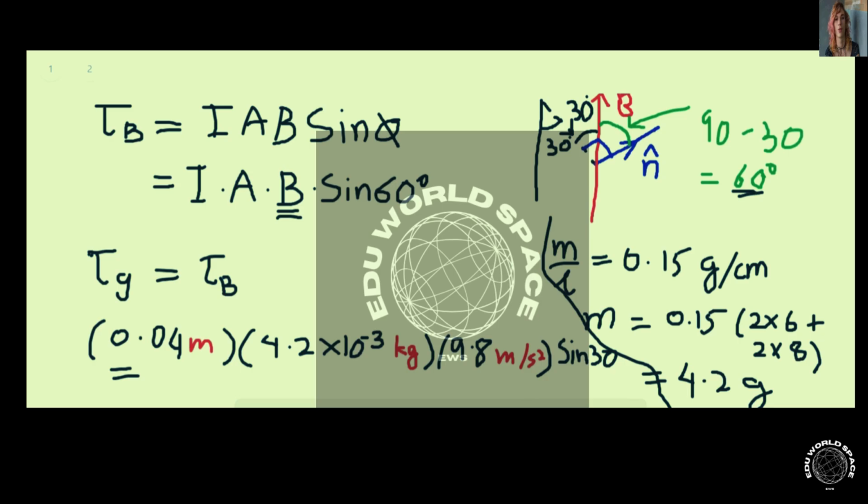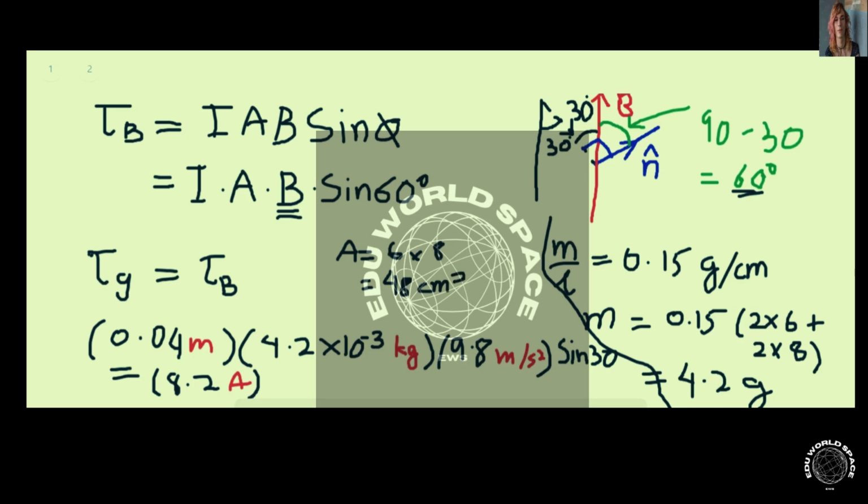Well, sine 60. I is just the current that's given to me. That's 8.2 amperes. The area is just 6 times 8, which is 48 centimeters squared.